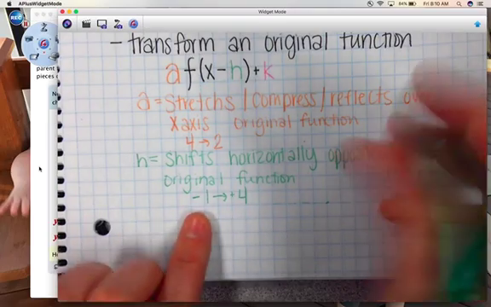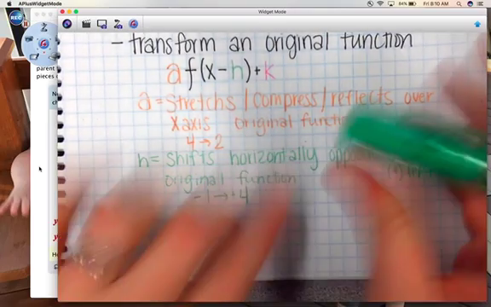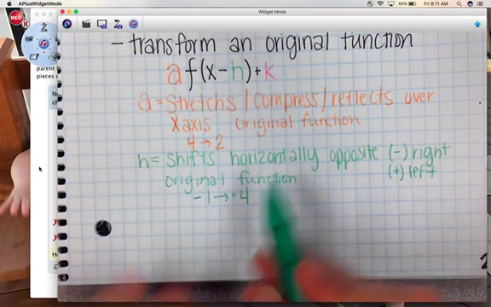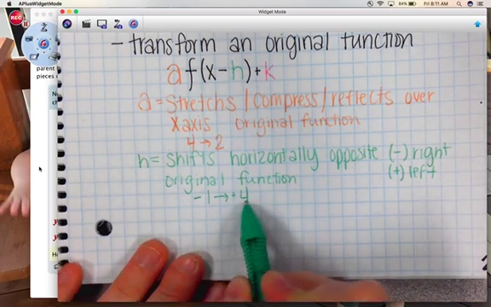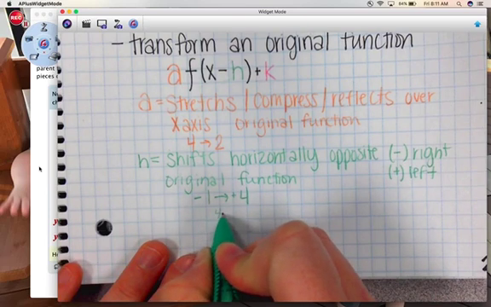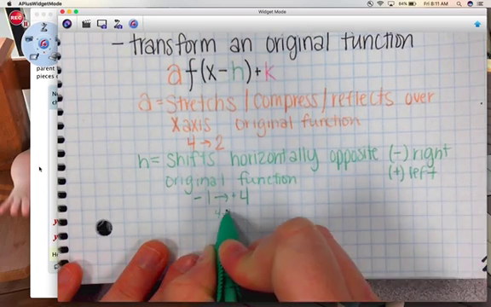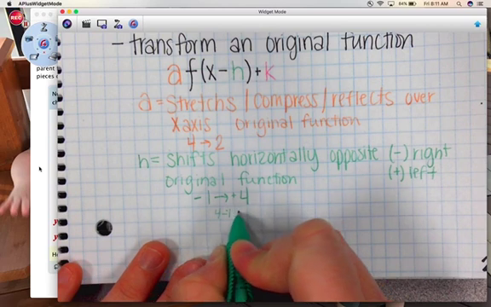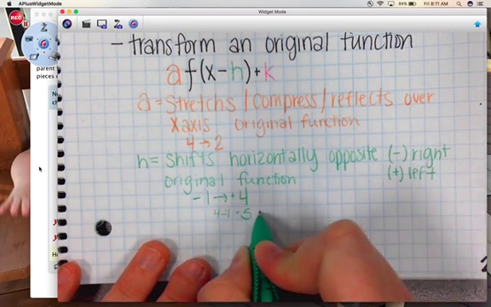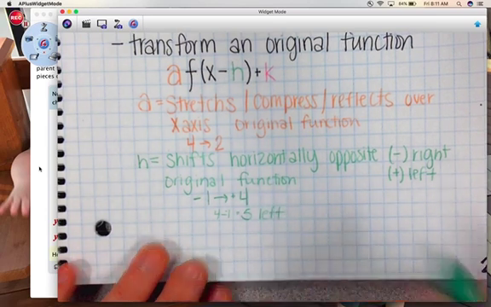Oops, I did that backwards, sorry. So from -1 to 4, you can subtract 4 minus -1, which means it moved 5 units. So it moved 5 units to the left.